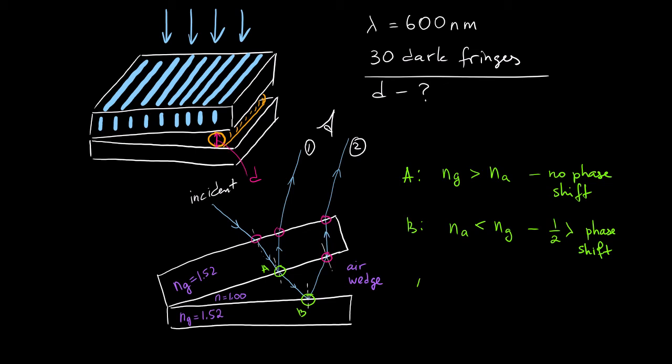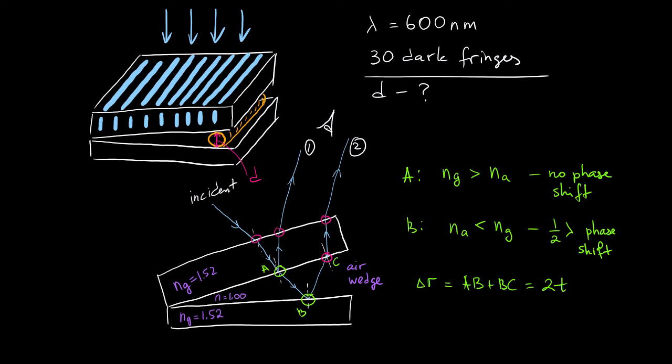Now the path difference would be the extra distance that the second ray goes from A to B and B to, let's call it C here, AB plus BC, but each of these could be approximated to t. It's 2 times the thickness.